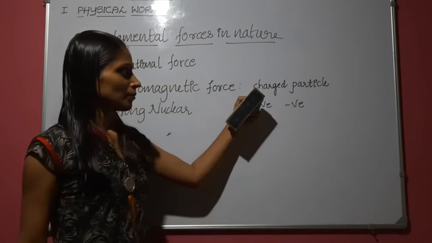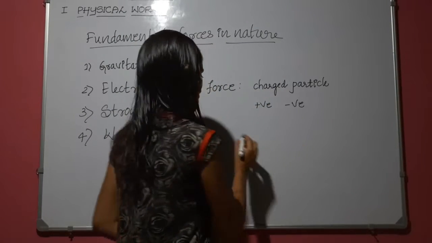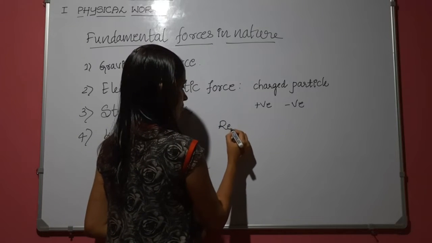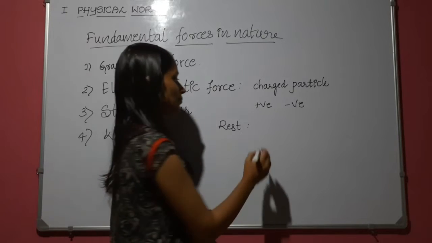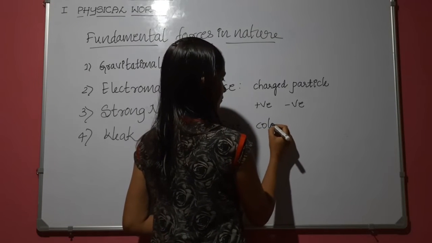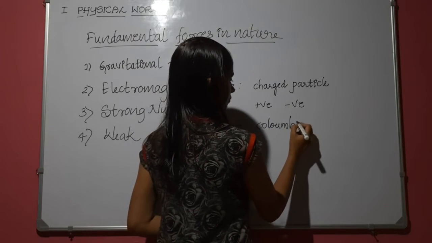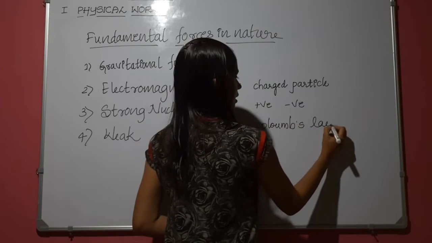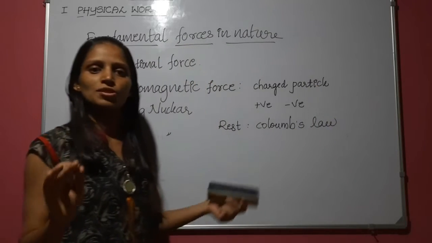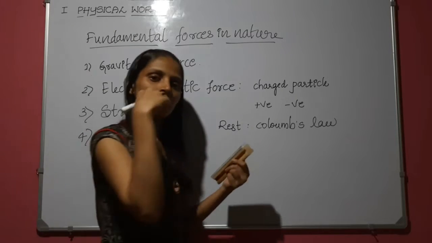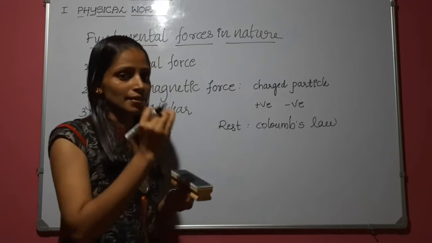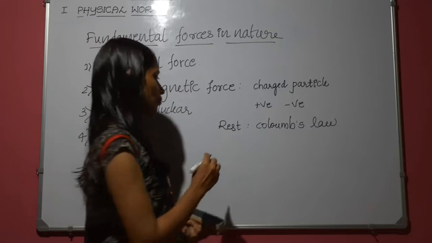Okay, if the charge is at rest, we can apply Coulomb's law. If the charge is in motion, it produces a magnetic field. That magnetic field in turn exerts a force on a moving charge.